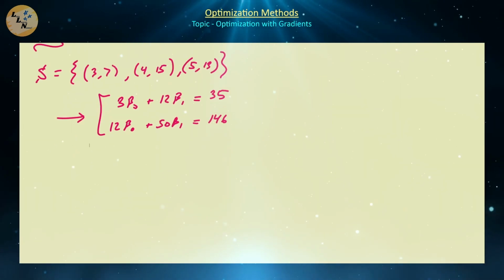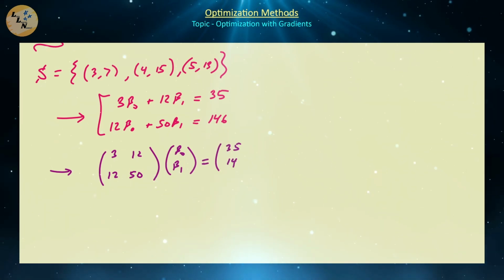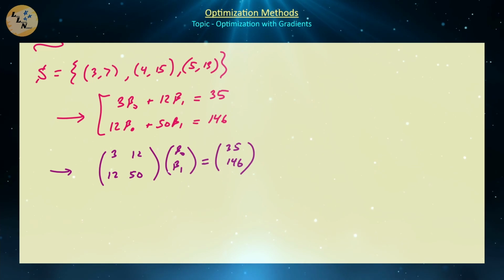So that's, of course, a linear system, which is very, very nice. So we can write this in matrix form as [3, 12; 12, 50] times our unknown values, beta 0 and beta 1, and that's going to be equal to [35; 146].